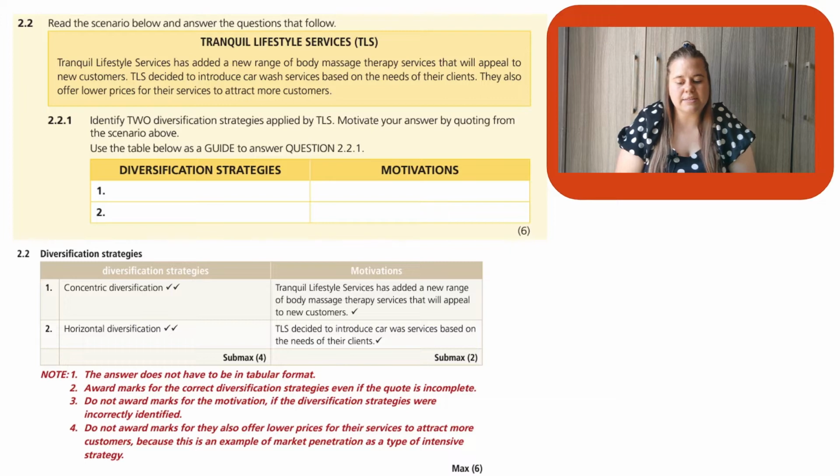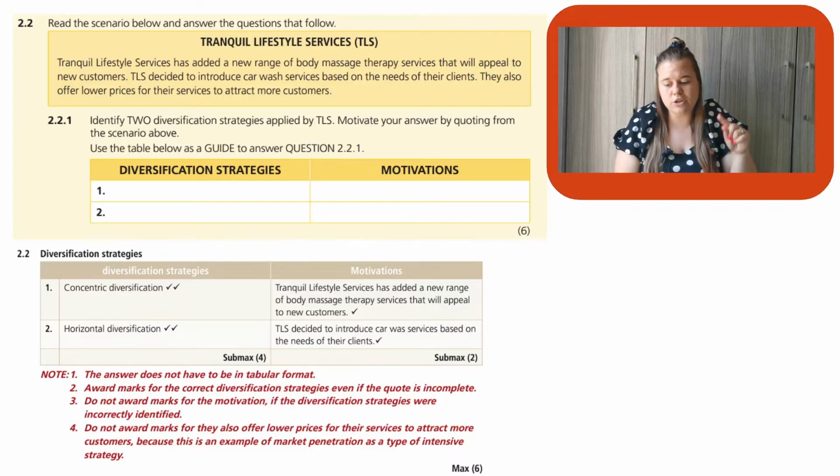Horizontal is that they decided to introduce car wash services based on the needs of their customers. Okay, very, very important down below. Before we get there, for each diversification, 2 marks, and then for the quoting, 1 mark.